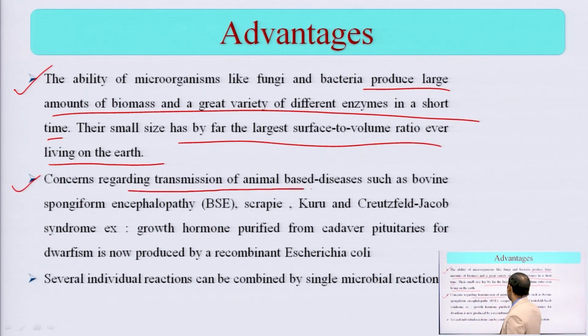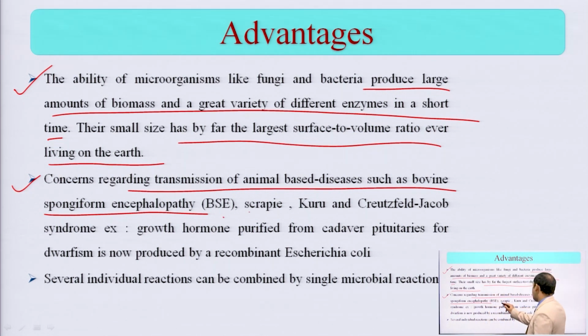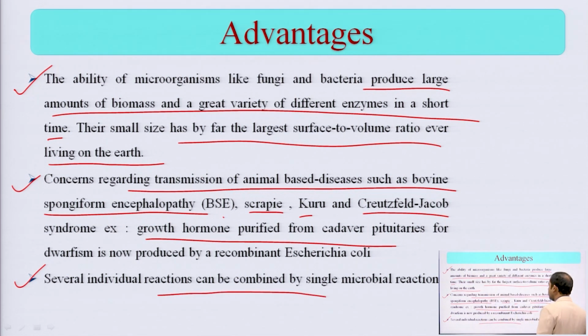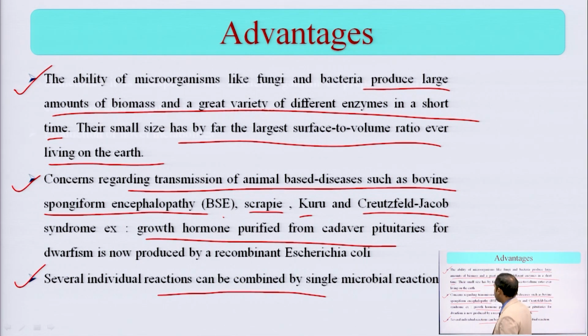Concerns regarding transmission of animal-based diseases such as bovine spongiform encephalopathy, that is BSE, or scrapie, kuru, or other kinds of diseases, arise when we use animal sources to get growth hormone purified. Okay. Several individual reactions can also be combined into a single microbial reaction.